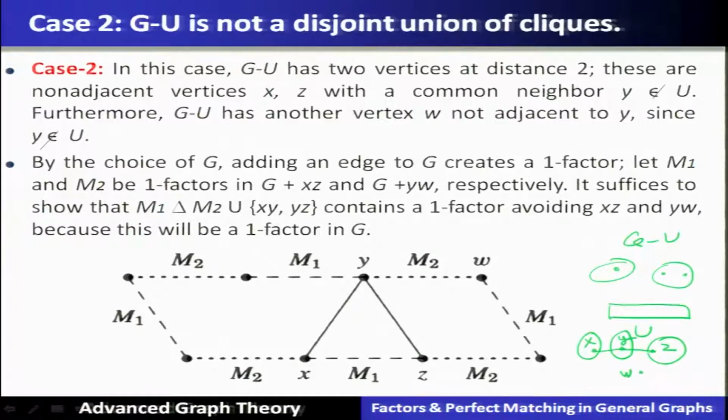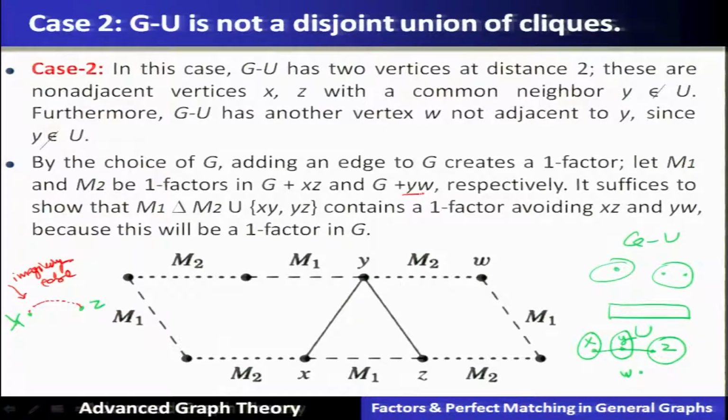Let M1 and M2 be the 1 factors of G plus xz. Since x and z are not directly connected, we are placing a hypothetical, imaginary edge and we call it xz.